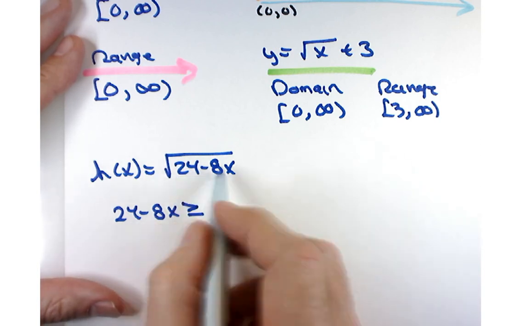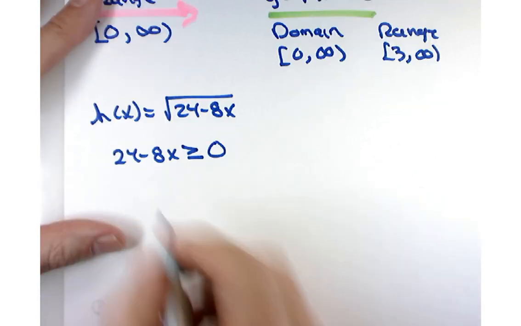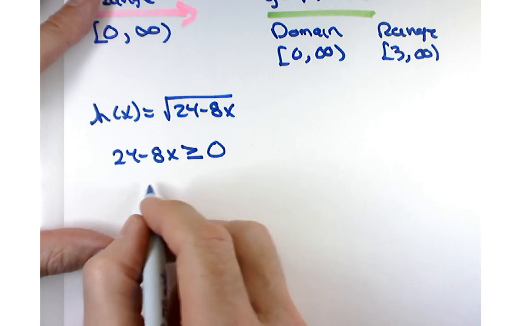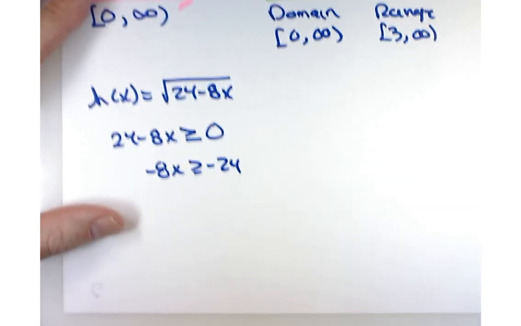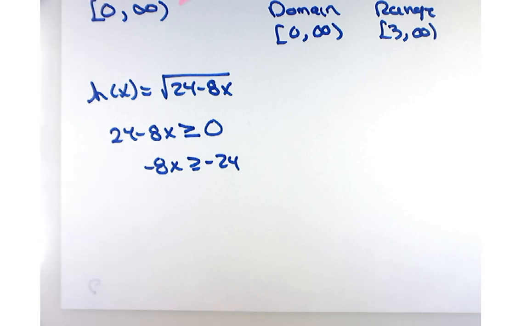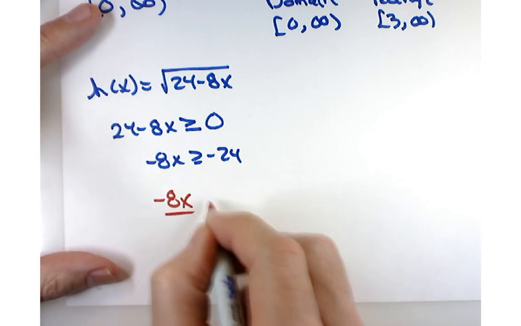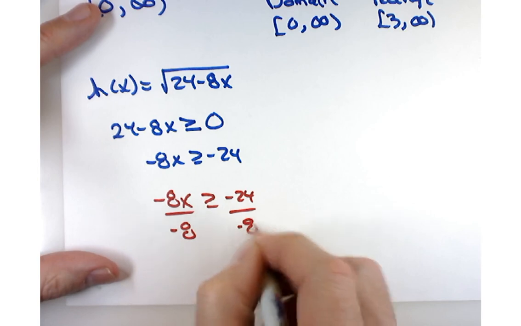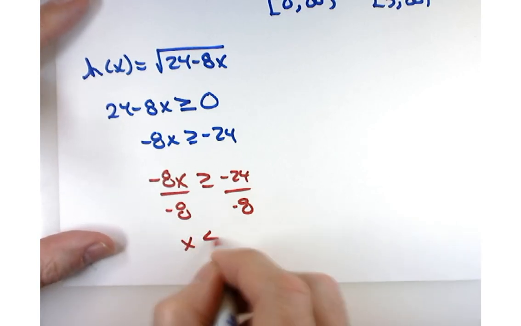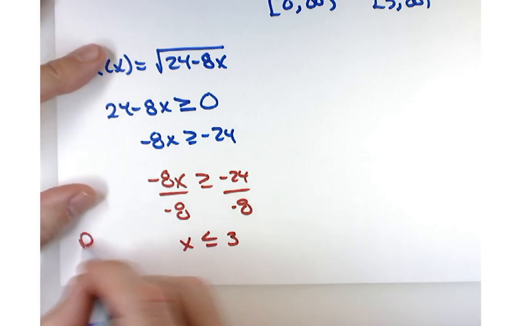What's the minimum that I can take the square root of? 0. Okay. So I'll subtract 24 from both sides and get 8x is greater than or equal to negative 24. How do I finish solving here? How do I get x by itself? Divide by negative 8. Awesome. We're going to divide both sides by negative 8 and get x is less than or equal to 3. That's our domain.